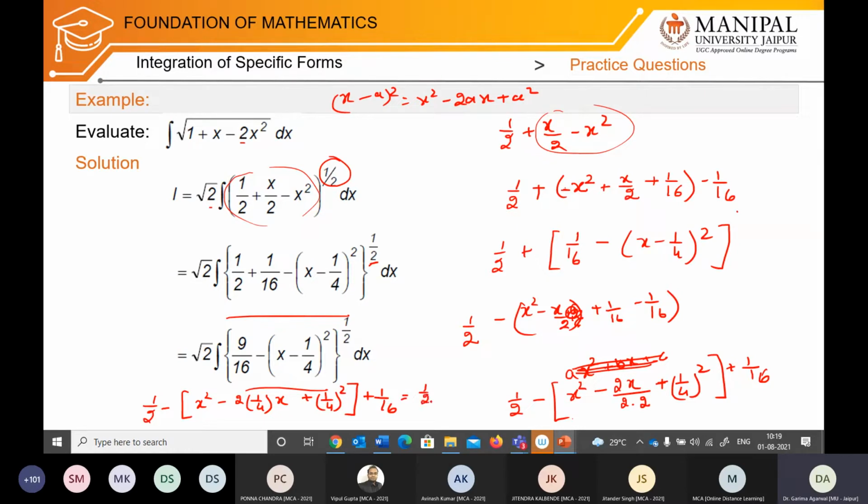So we can write it as 1 by 2 minus x minus 1 by 4 whole square plus 1 by 16, right? So x by 2 plus 1 by 16 minus x minus 1 by 4 whole square. This is the step.